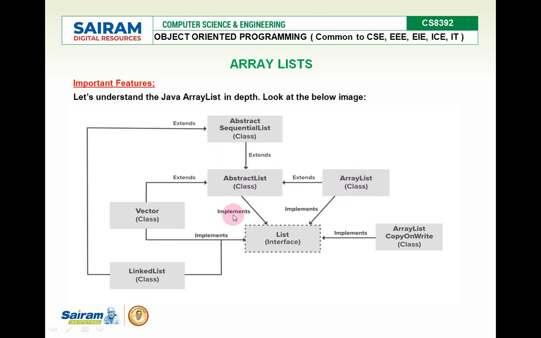That is the point. Forget about Vector and LinkedList and all, not necessary. AbstractSequentialList is extending the AbstractList. So from the AbstractList, we extend to the ArrayList, which implements the List interface. And similarly, the AbstractList also implements the List interface. That's the overall picture of the Java ArrayList.